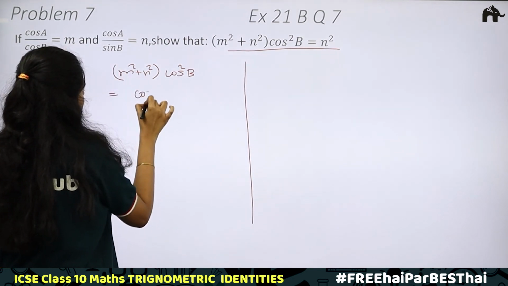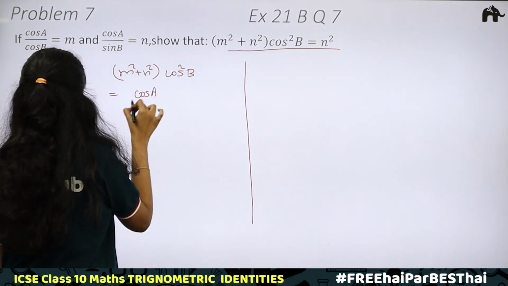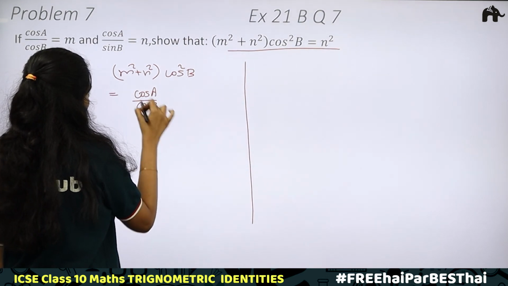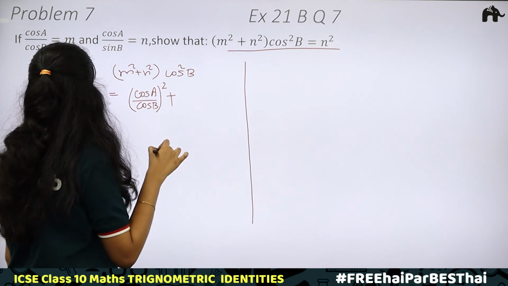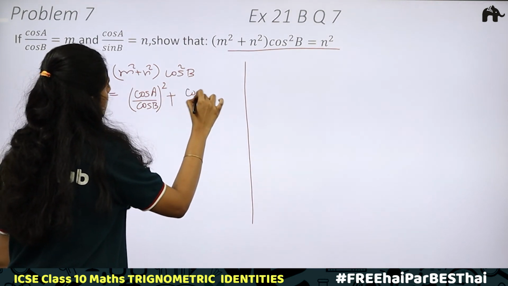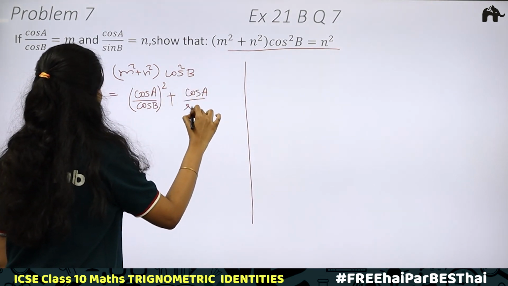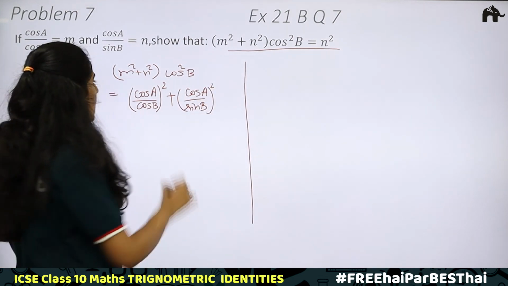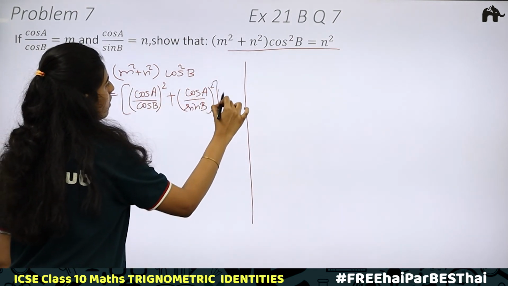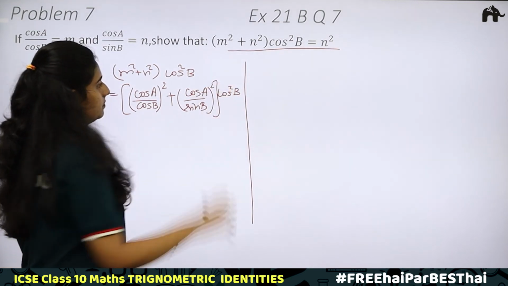M is cos A divided by cos B. So m square is cos A by cos B whole square plus n is equal to cos A by sin B whole square, into cos square B.